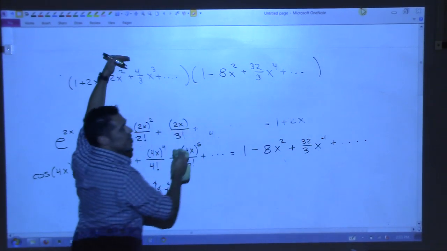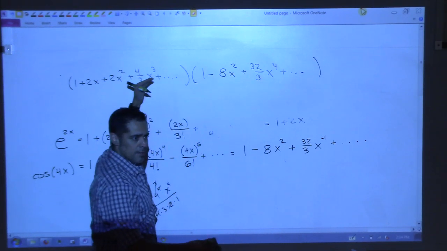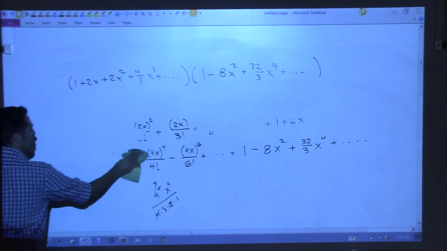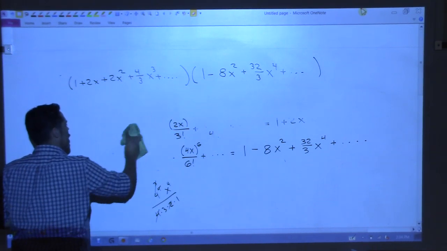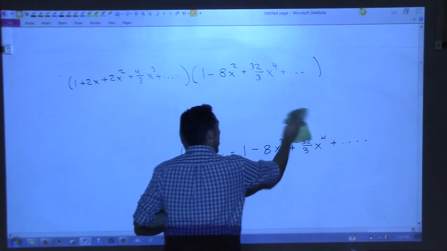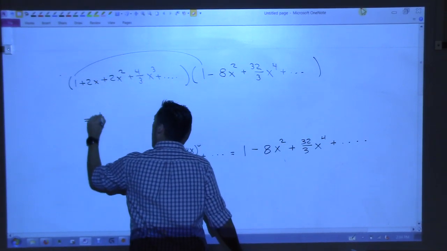So this is e to the 2x times cosine 4x, right? That's what this is. What's my first term? 1. That's good enough, right? We're done? So here times here, we get 1. So this is equal to 1.